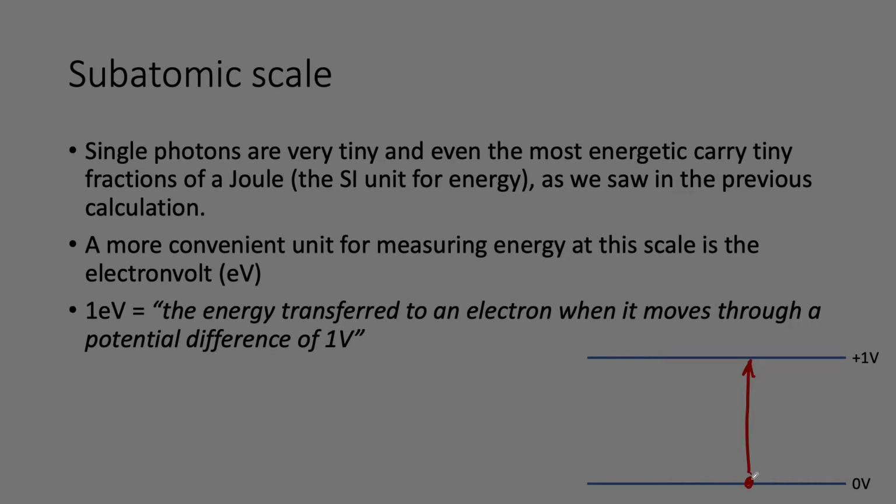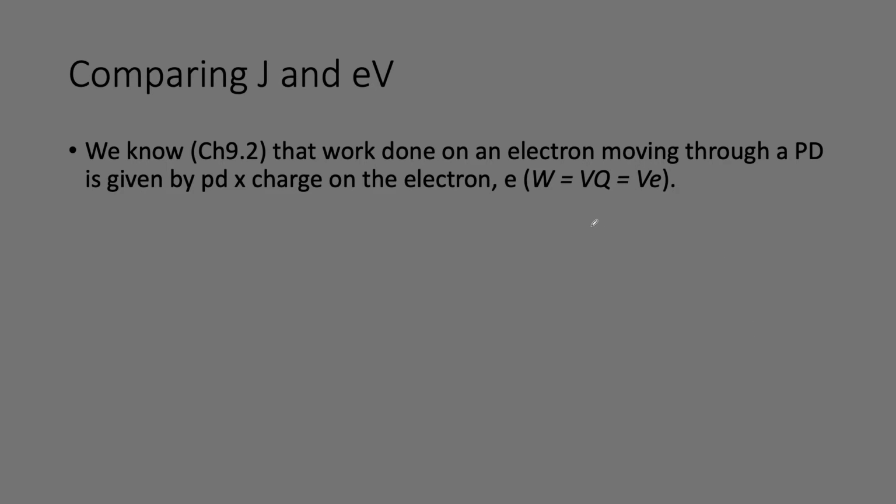Well, you can think of the distance as being this potential difference here, and the force being the charge on the electron. To put it another way, we know from the work that we did in chapter 9 that the amount of energy is the potential difference multiplied by the charge.